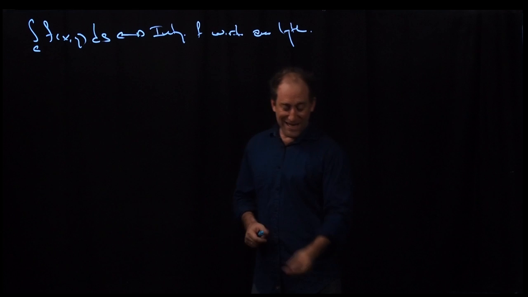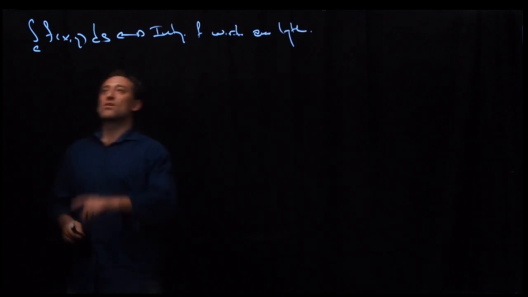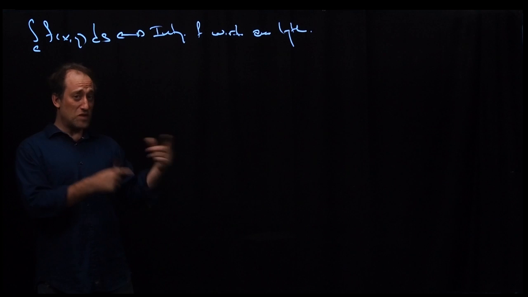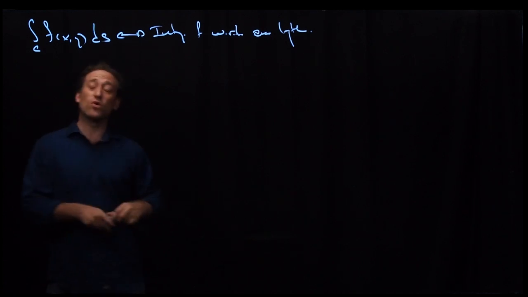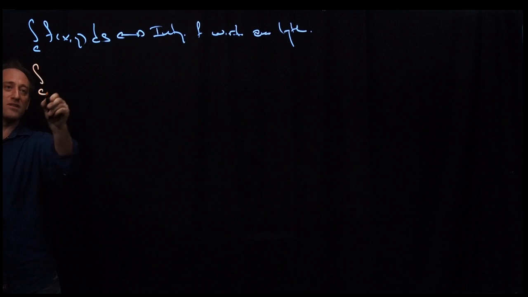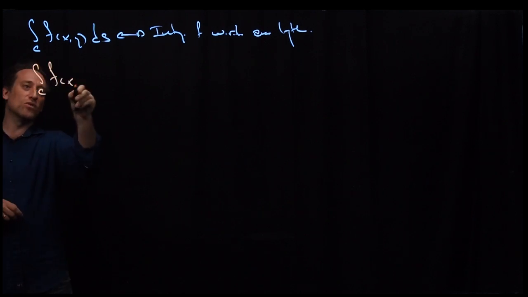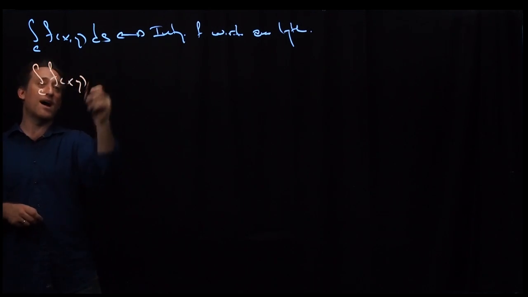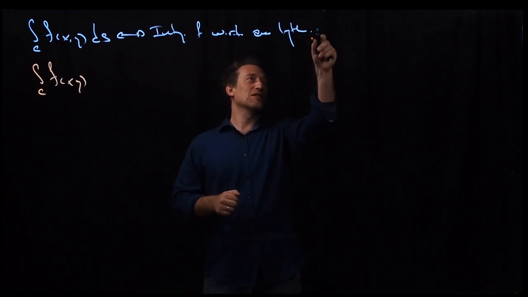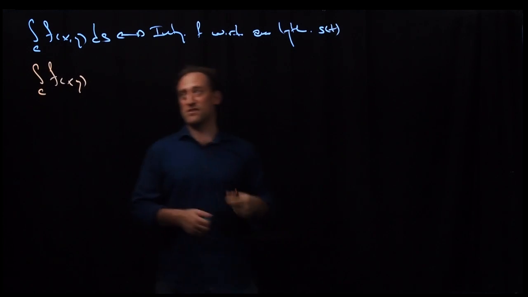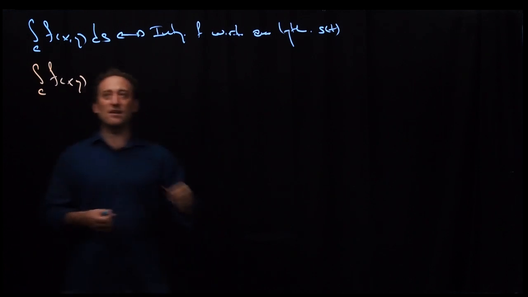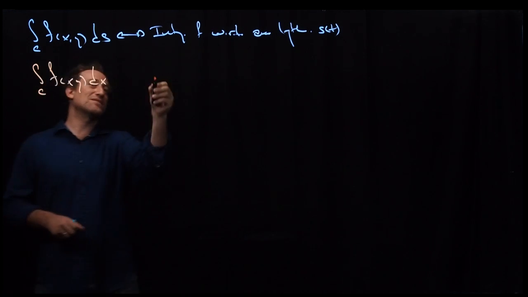Namely, I can integrate f of xy along a curve c with respect to, well, just x, or with respect to y. It looks like, say, for example, this. The integral of f of xy, if I want to integrate not with respect to arc length, s of t, but with respect to x, it won't be ds, it'll be dx.